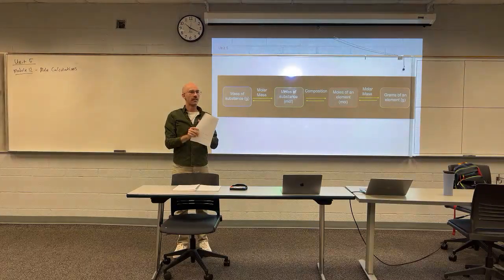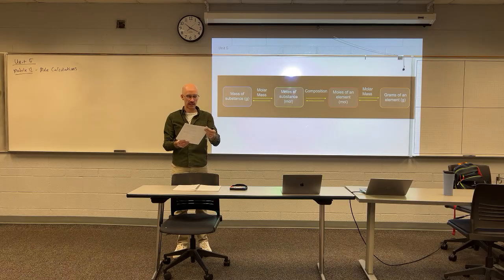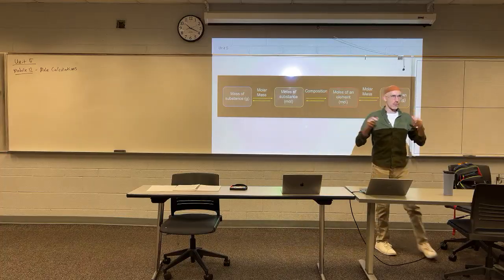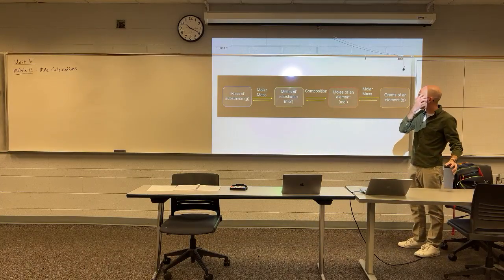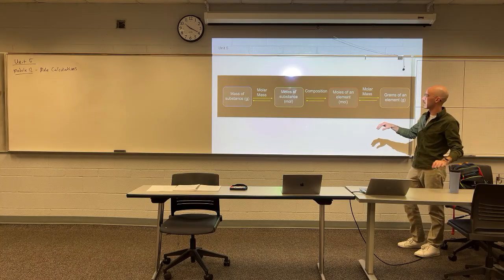All right, we're starting on this front page that says one-step calculations, one-step conversions at the top. Here is a conversion roadmap that your textbook gives you. Mine is laid out similar, but with a little bit more information.